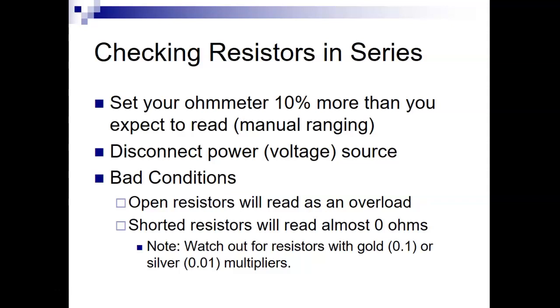Now, here's the funny thing about meters, and I'm glad you brought that up. They have a hard time reading this resistance sometimes. So just because it might say 0 resistance, if you've got a resistor that is literally like 500 milliohms, it might not be able to pick that up. Okay?